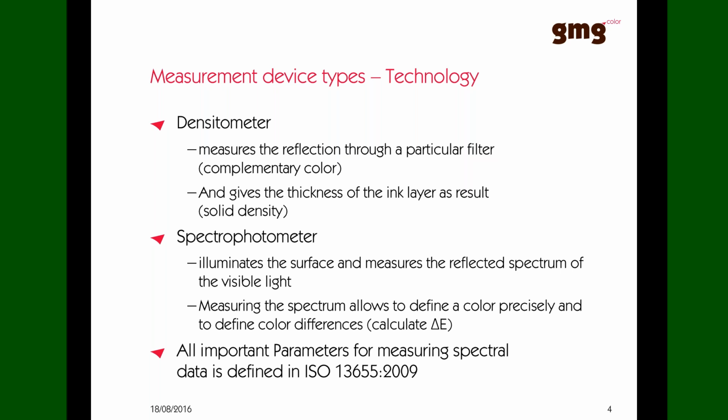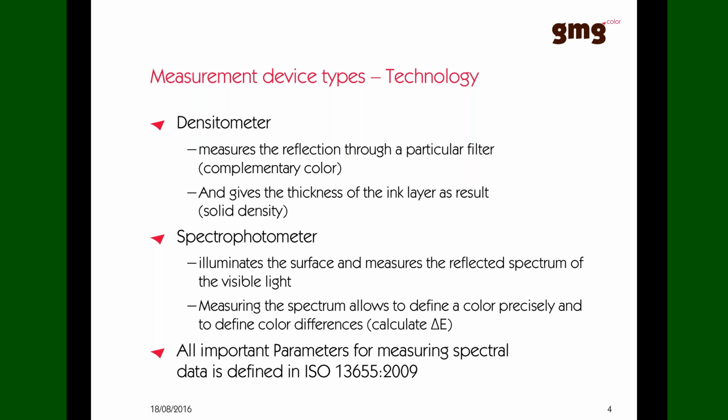So you will get the solid density as an information when you measure using a densitometer. So a densitometer is mainly used when you are printing on an offset press, for example, you there measure your densitometry.